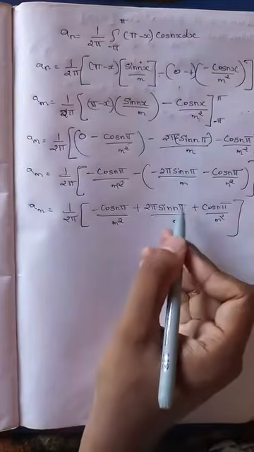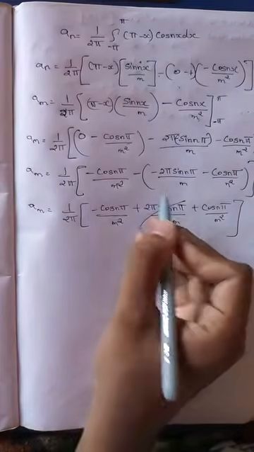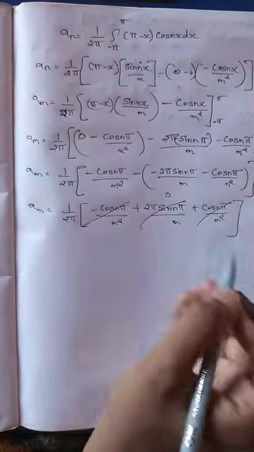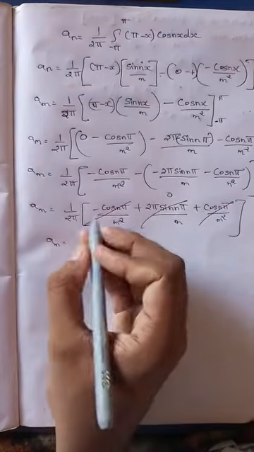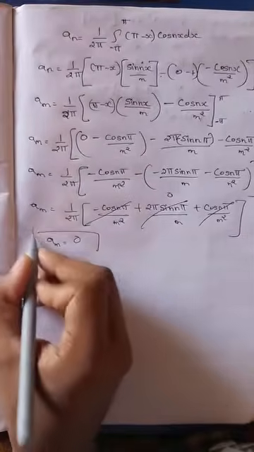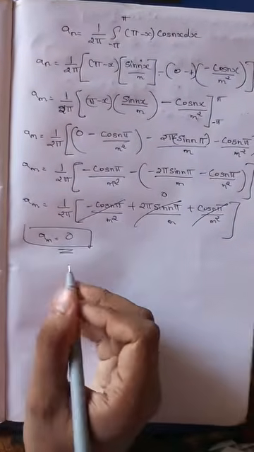So we know the value of sin n pi, that is 0, so this whole term becomes 0, and this gets cancelled, minus and plus, so the whole term becomes 0, therefore an equal to 0. So now let's continue.